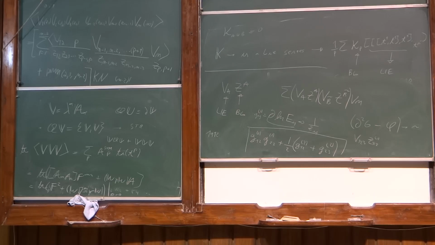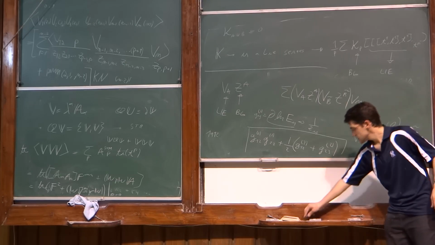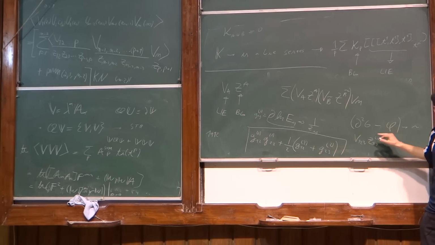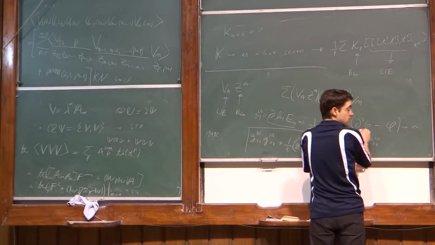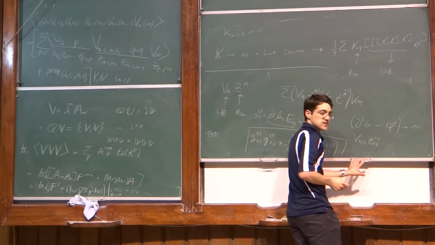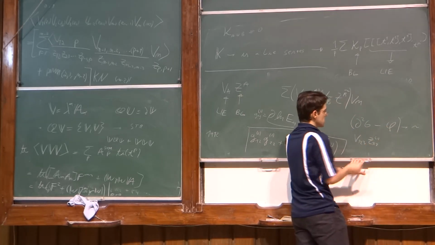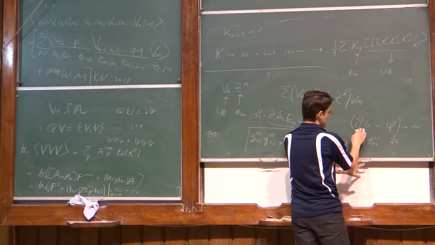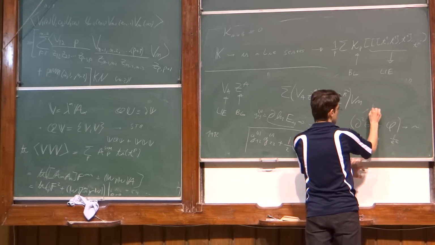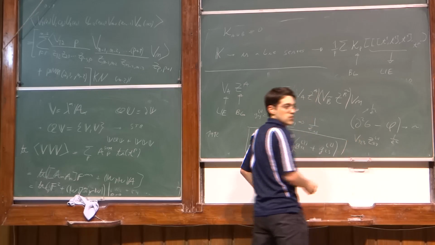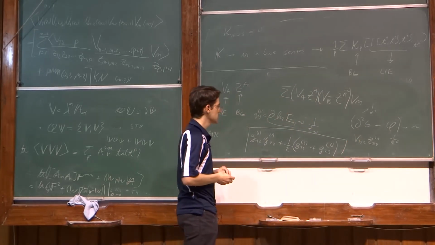We explicitly construct this G2. Yes, G2 is basically this, where this is the Green's function, and this is the Weierstrass function. The Weierstrass function has a double pole. This one also has a double pole, and they happen to cancel in the limit.